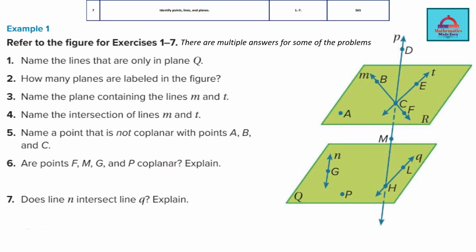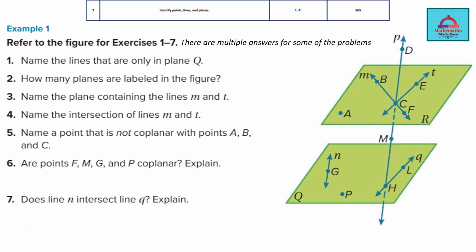Next, we have the question on Example 1, where you need to refer to the figure for solving questions 1 to 7. So here you see one plane figure is given, and you are given a lot of points, planes, lines, and all of that. So here there are multiple answers for some of the problems. So I have kept here only some solutions that you see.